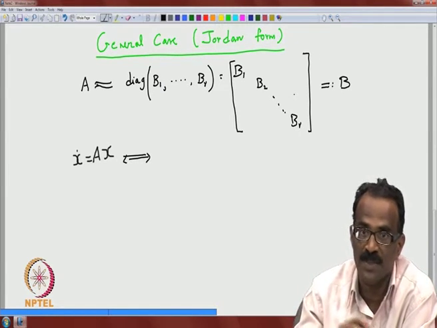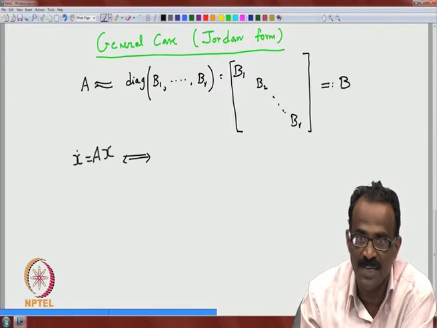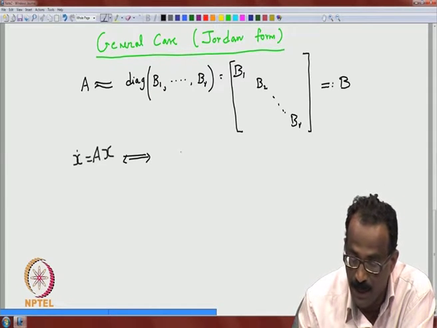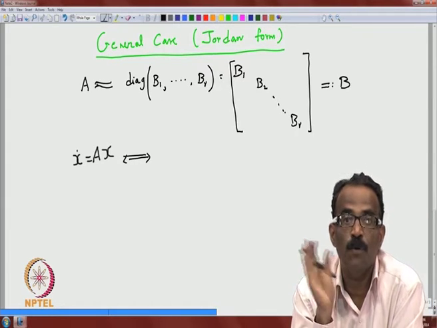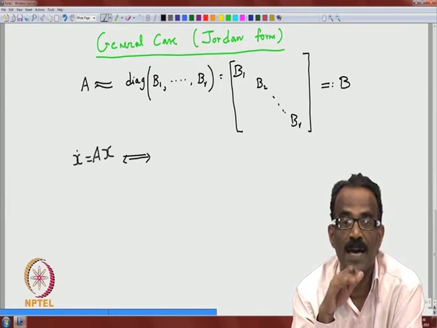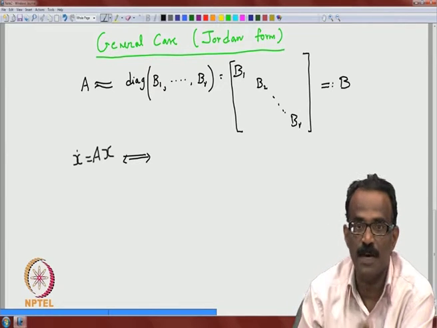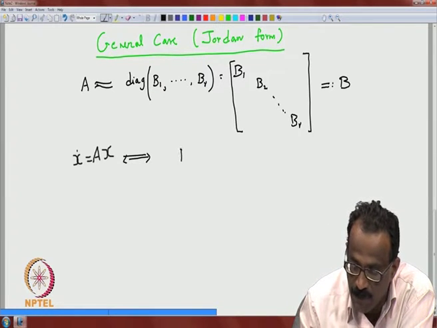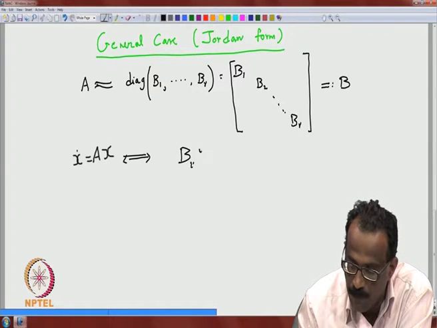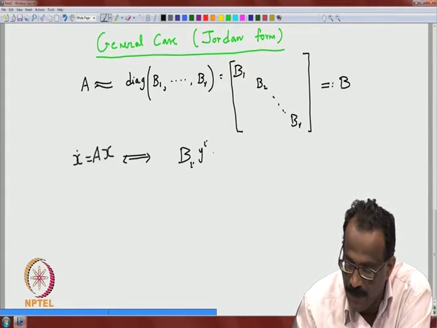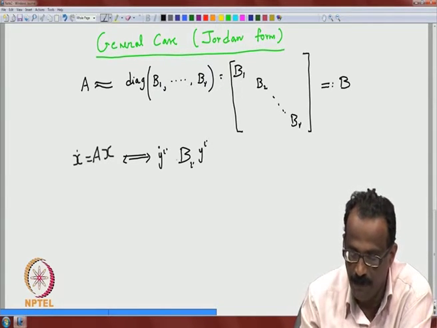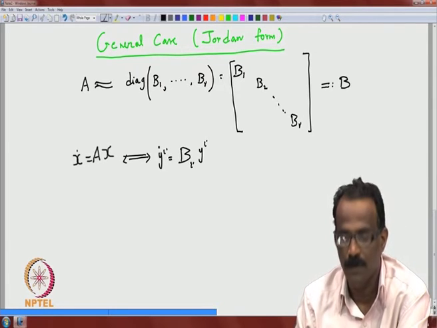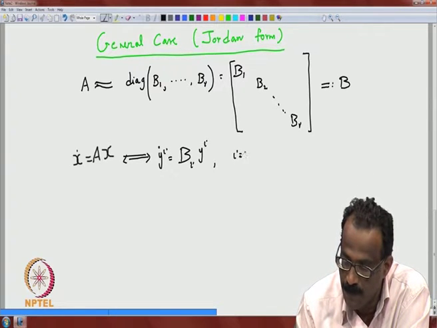You can have a transformation P and P inverse, here also it exists, but essentially it reduces to studying each Bi, a subsystem which may be of smaller order, and each Bi also has some special forms which I am going to describe here. So it is enough to study Yi dot equals Bi Yi, solving for i equal to 1 to r.